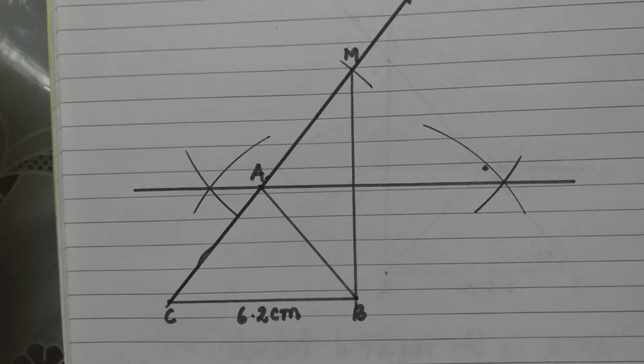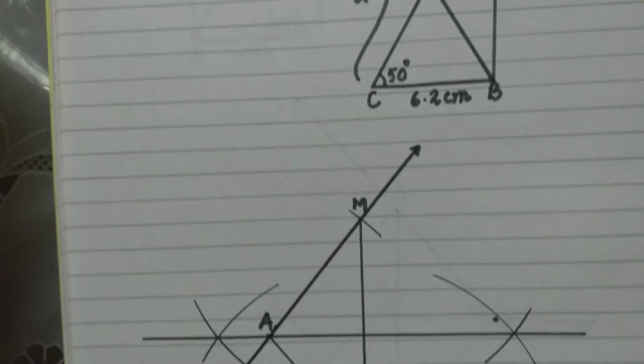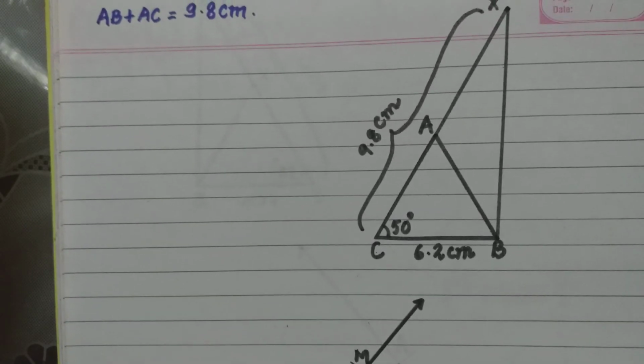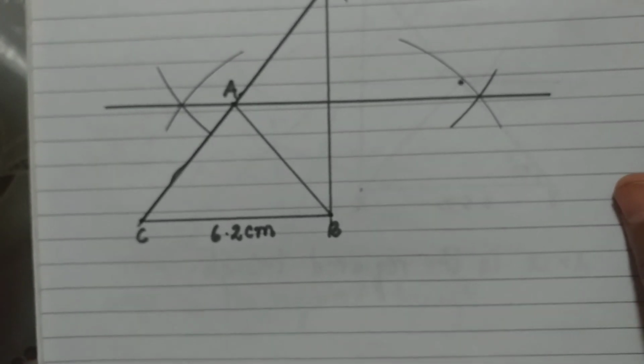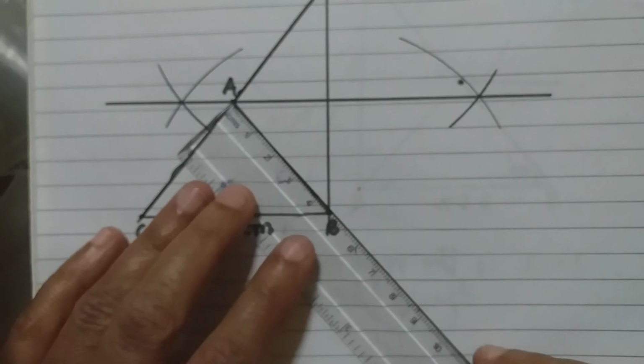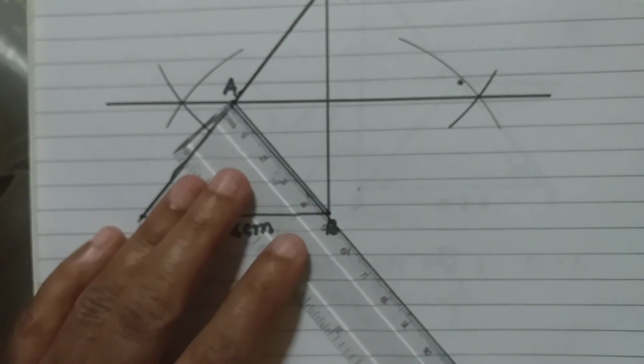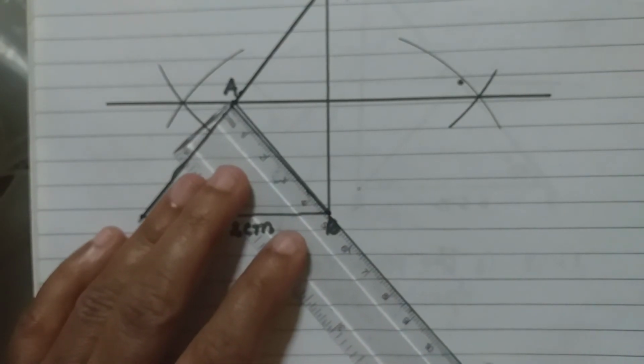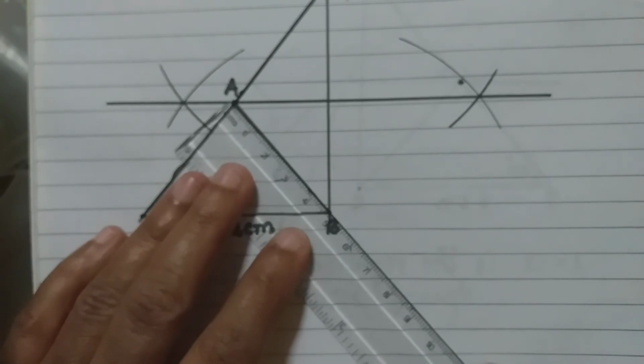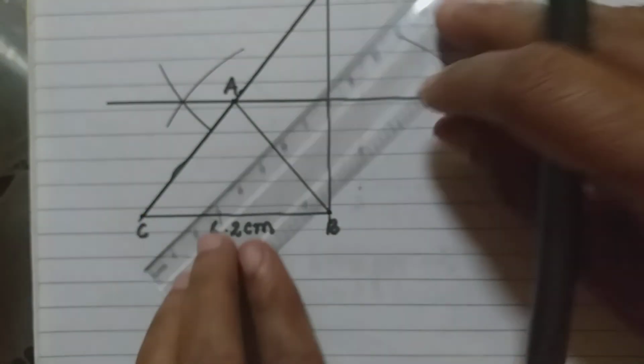Each time you can confirm whether your triangle is right by seeing what is given. That is here AB plus AC is 9.8 centimeter. So what do? You take the scale and keep it at AB and find the length. Okay. So here AB is 4.8 centimeter.